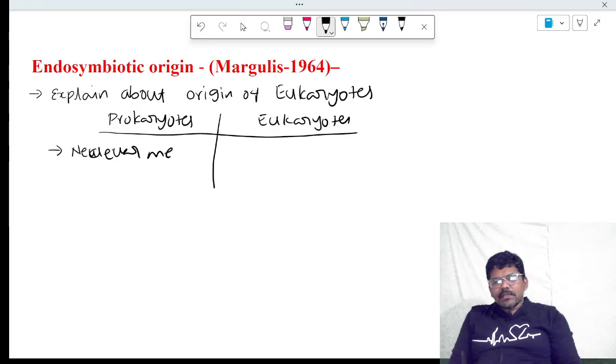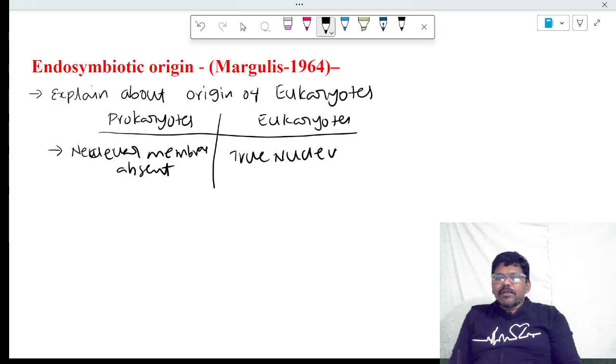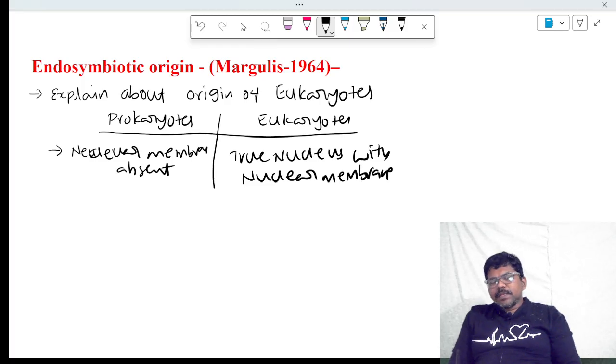Eukaryotes contain a true nucleus, which is surrounded by a nuclear membrane. The membrane present surrounding the nucleus is called the nuclear membrane.